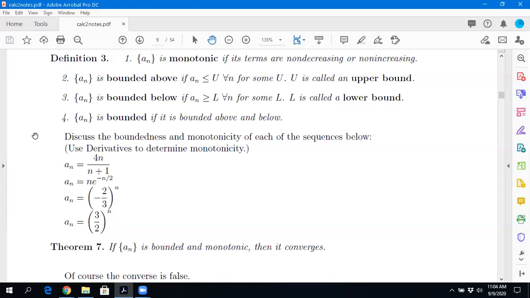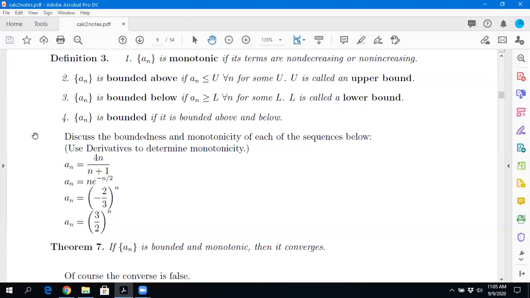How could you tell if a sequence is tending to move in an upward direction? The derivative would be positive, right? And that would tell us that we have an increasing sequence. If, on the other hand, the derivative is negative, then you're tending to trend in a downward direction.